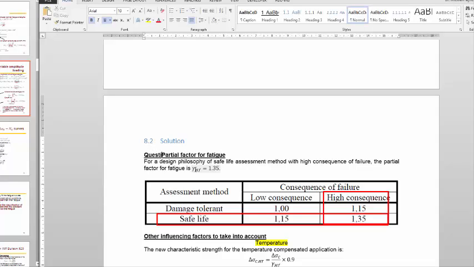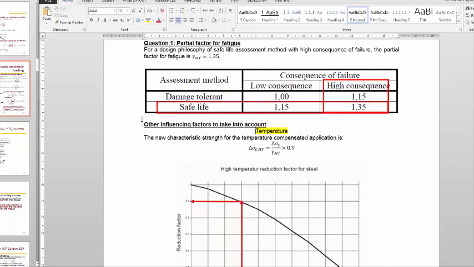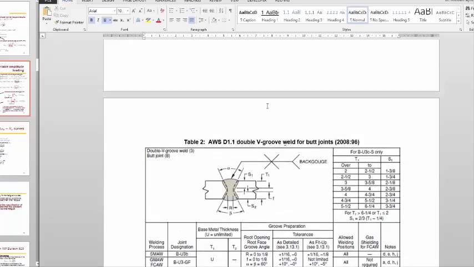This was question 1. And remember, it's always good practice to number your questions. This was question 2, and question 2 discussed the other influencing factors to take into account.